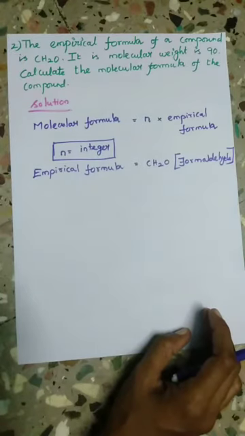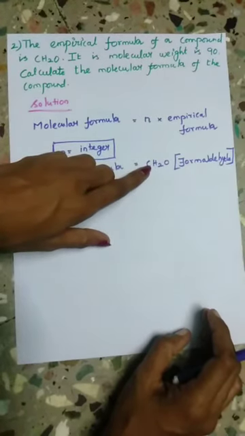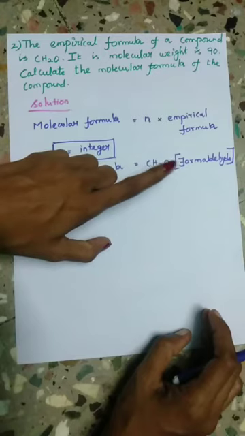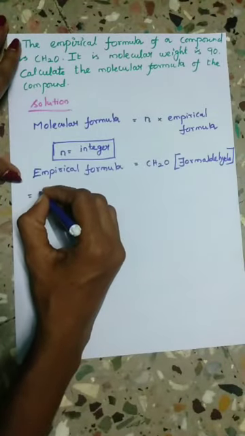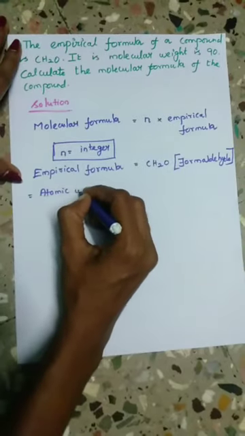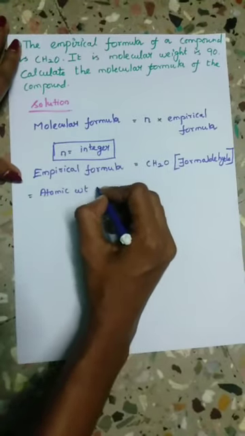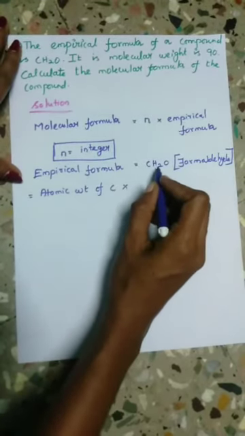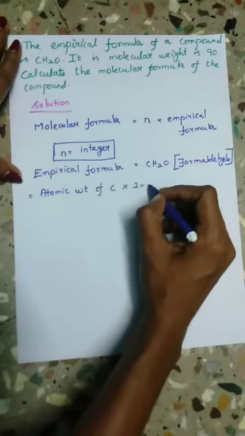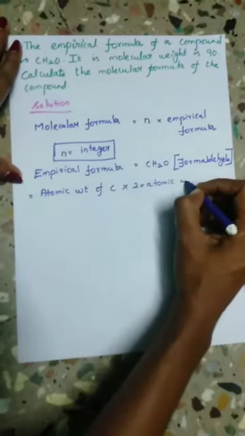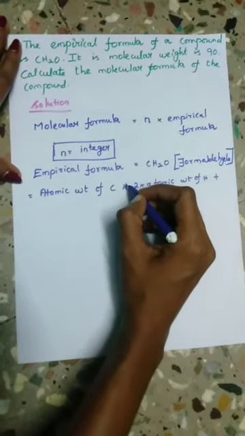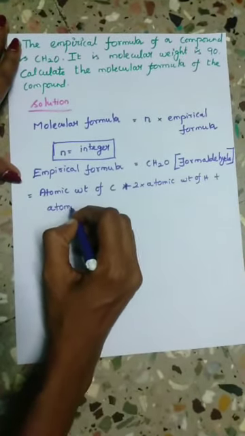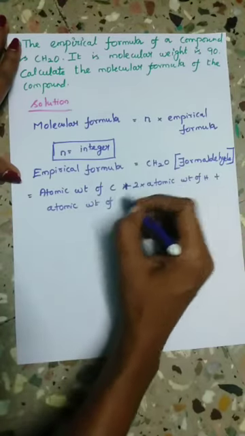Now the weight of the empirical formula is equal to the atomic weight of carbon, plus 2 times the atomic weight of hydrogen, plus the atomic weight of oxygen.